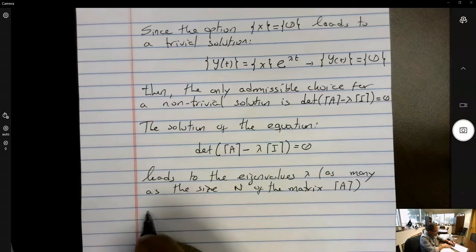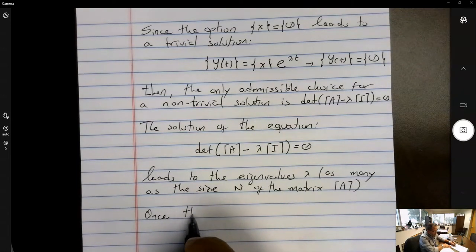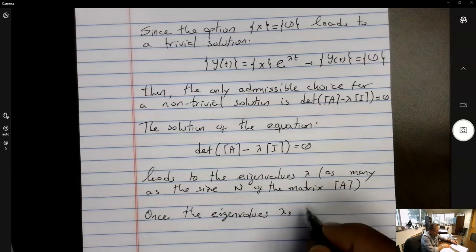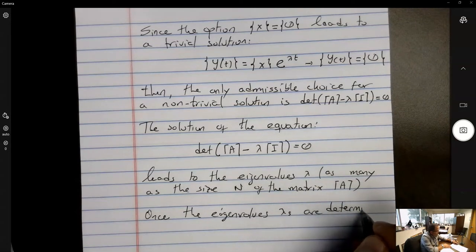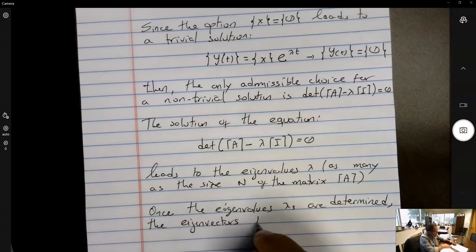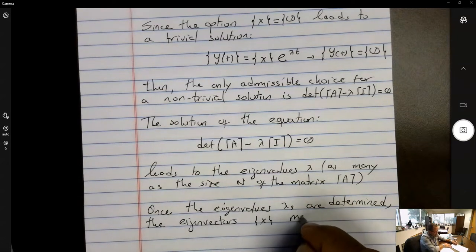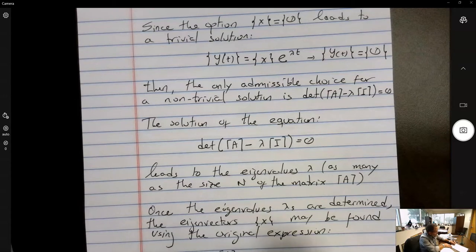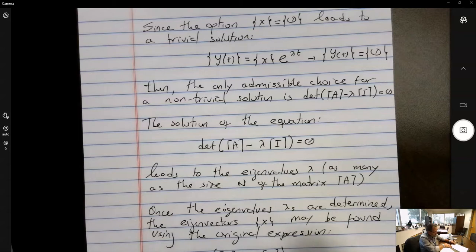So once the eigenvalues lambda are determined, the eigenvectors x may be found using the original expression that says that A minus lambda I times x should be 0.